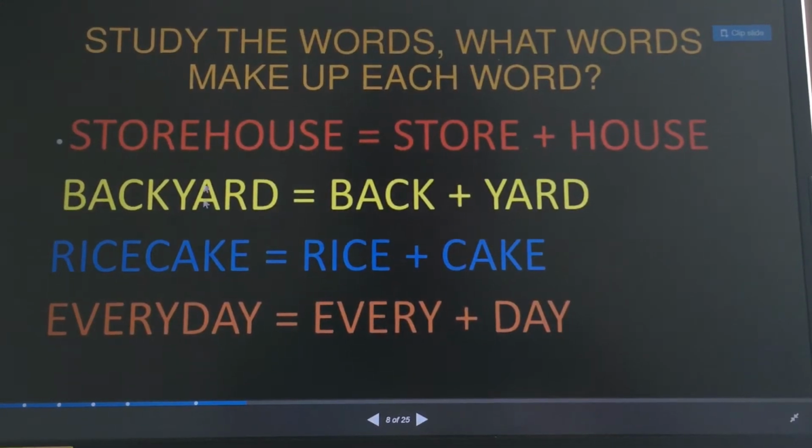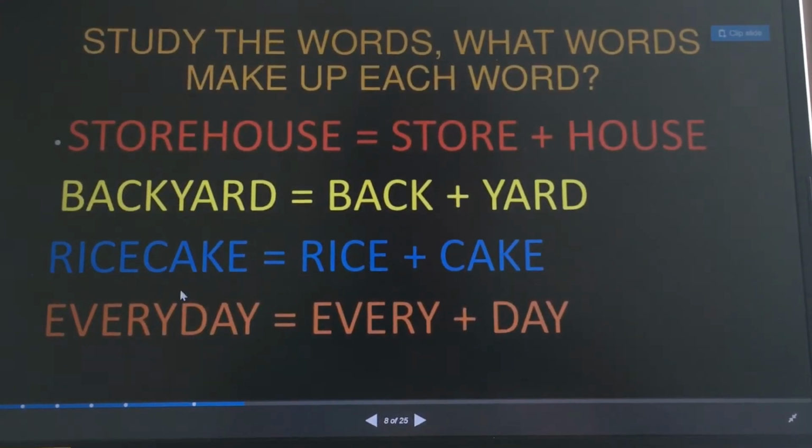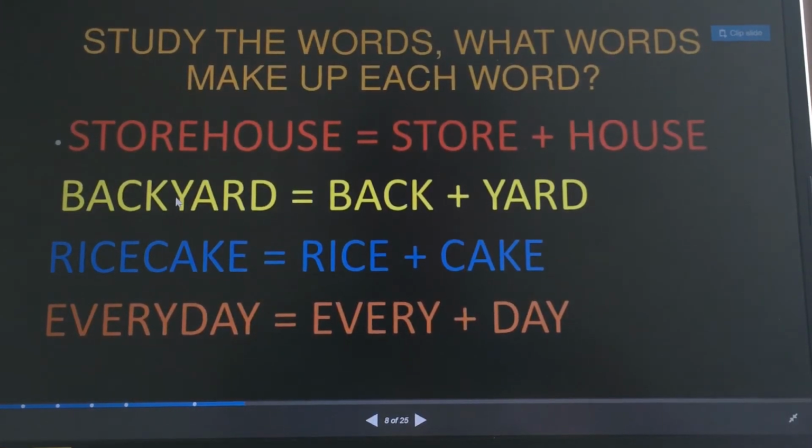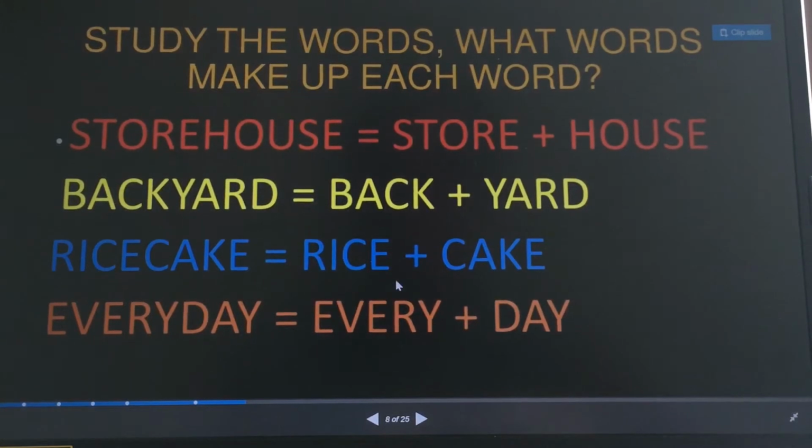Study these four words. What words make up each word? For storehouse, we have store plus house. For backyard, we have back plus yard. For rice cake, we have rice plus cake. And for everyday, we have every plus day.